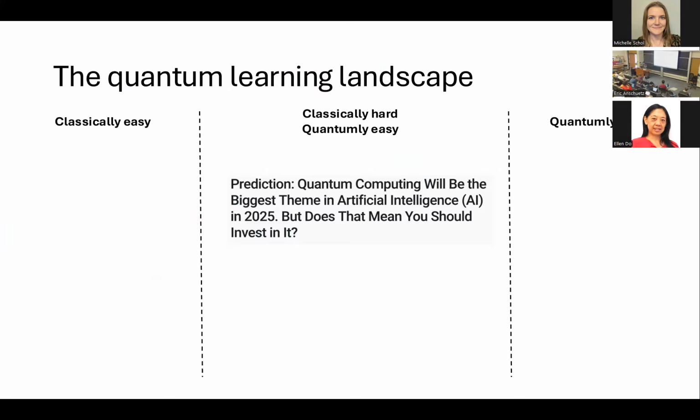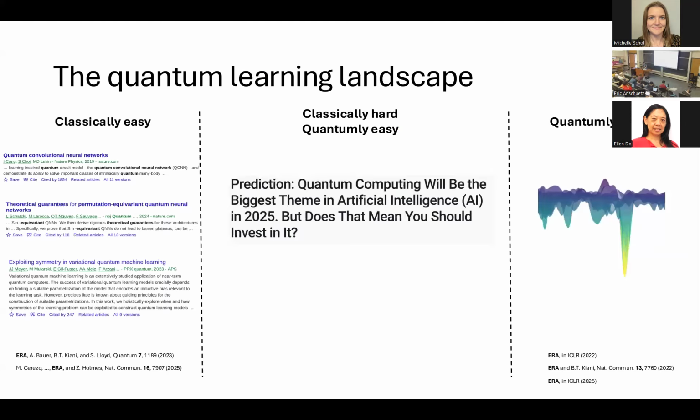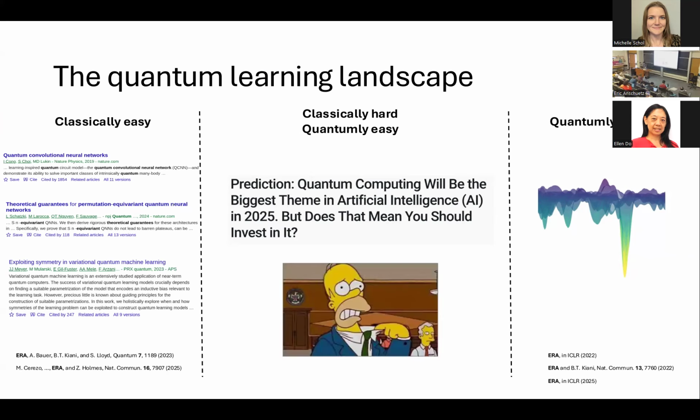So hard for traditional neural networks, but easy for quantum neural networks. But what this line of results shows is that either you're in this classically easy setting where it's not super interesting, or you're in this quantumly hard setting where it can't run on a quantum computer either. You can't train these models efficiently. And this should make us nervous because a lot of work went into developing this idea.